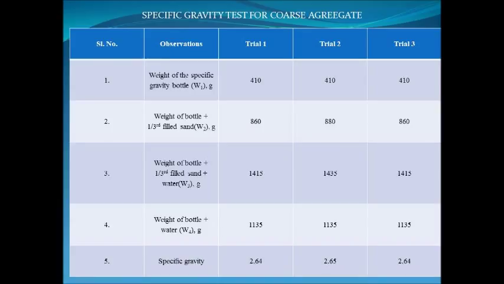Specific gravity of coarse aggregate: we have taken similar trials, trial 1, trial 2 and trial 3. From that we have concluded our average value. The average value of the specific gravity of coarse aggregate is 2.65. We have carried out these tests.